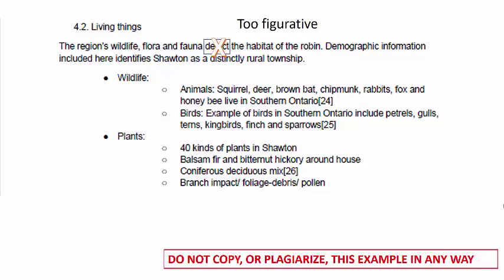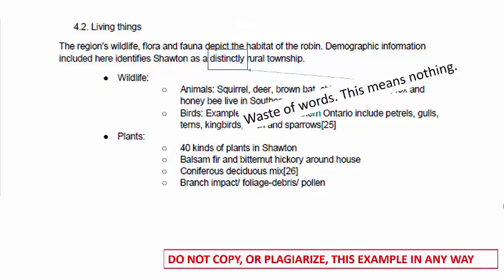It's too ambiguous. So depict is also anthropomorphic. Humans or animals with consciousness can depict, which means to create an image of, either in words or visually. But wildlife, flora, and fauna are not able to depict things, so the sentence doesn't mean anything on a literal level.